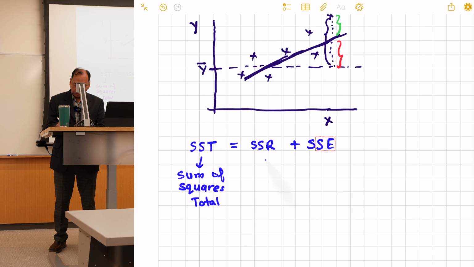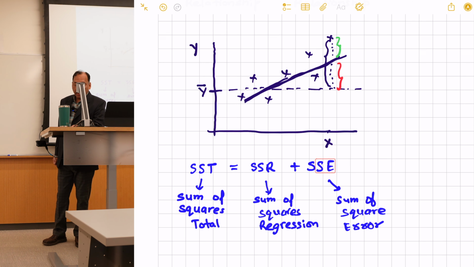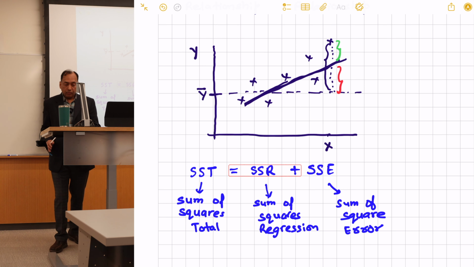SSR means sum of squares due to regression. SSE means sum of squares due to error. So there are three types of variabilities, and the total actually is broken into two parts.